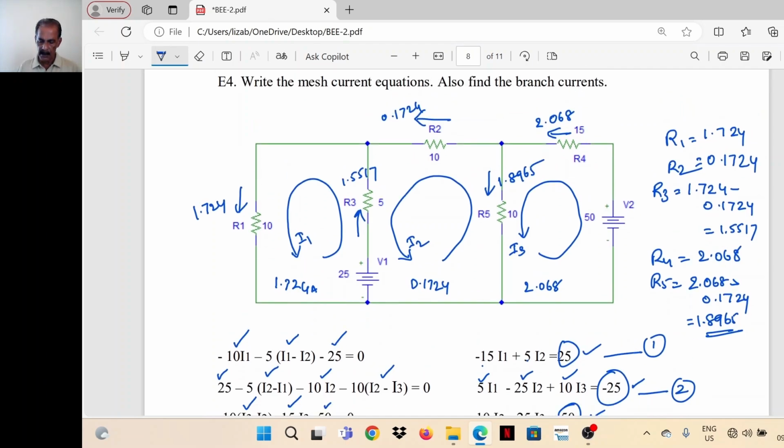Now we can check whether the law is getting satisfied at all the nodes. 2.068 is coming to this junction. Let's mark the junctions as A and B. 2.068 is coming here, 1.89 is flowing down. The remaining is 0.1724. So 1.8965 plus 0.1724 is 2.068.